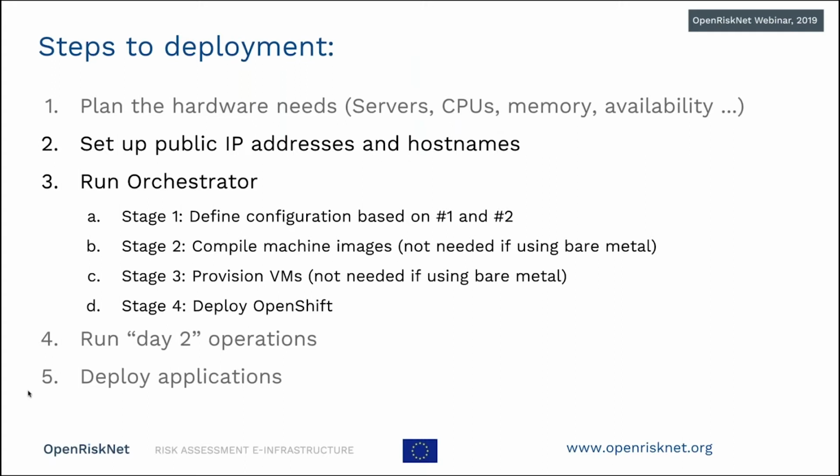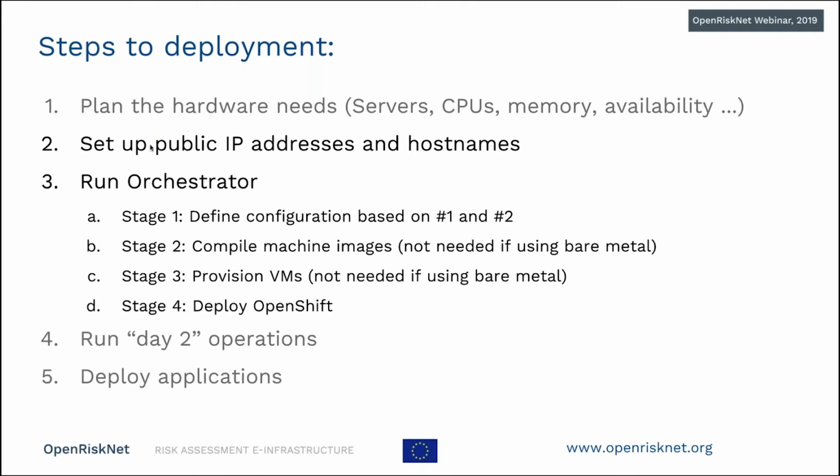There are a number of steps you would have to go through, not all of which are covered in this webinar. The first one is to plan your needs. You need to plan out what sort of hardware you need in terms of the number of servers, the number of CPUs, the amount of memory, the amount of disk space, and things like that. That's just working out what your requirements are and what you need to meet those requirements.